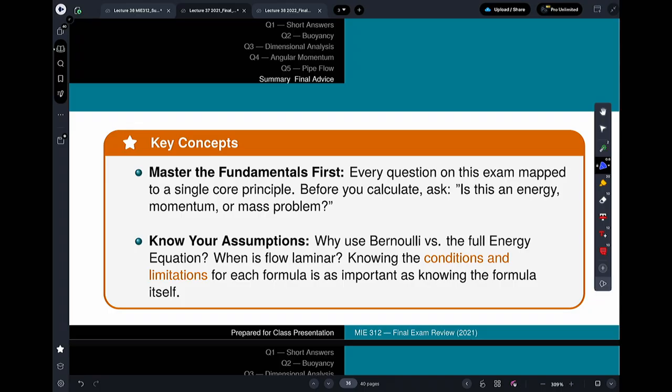To a great simplification, we are asking for energy, mass, and momentum every time, even with the chapter 6 and chapter 7 questions. Bernoulli, modified Bernoulli, the full equation. When is the flow laminar?